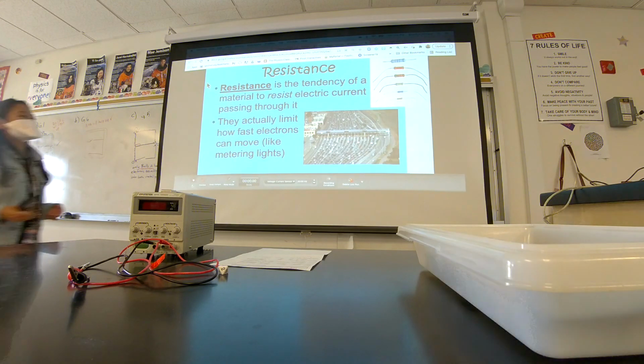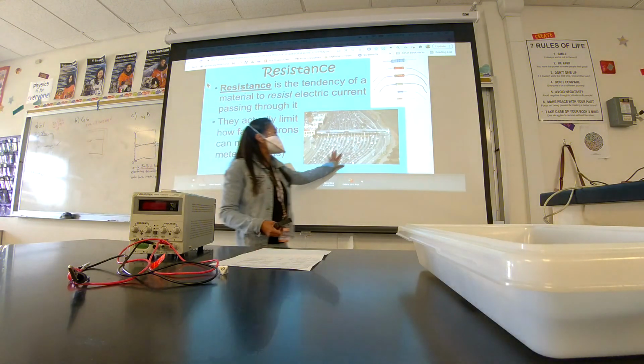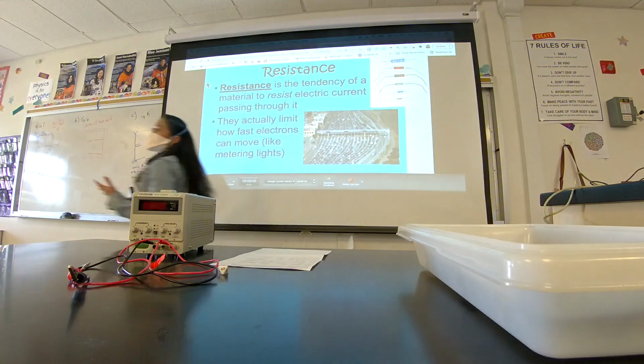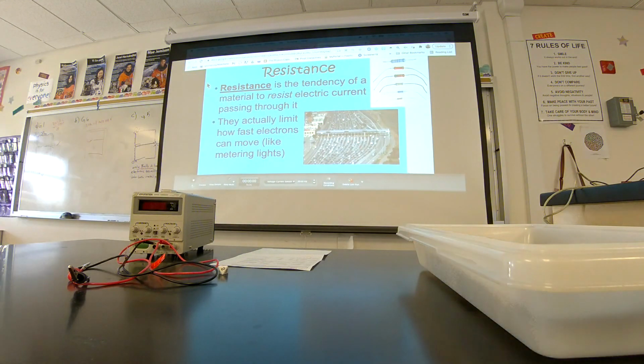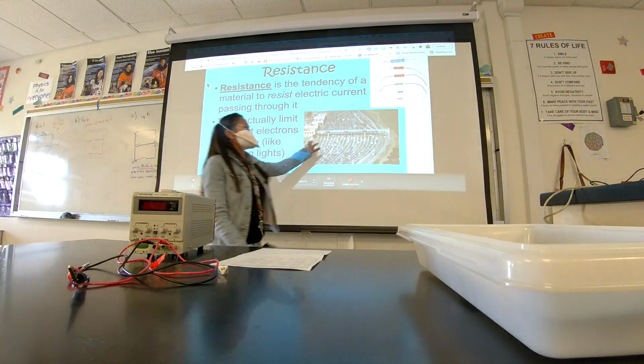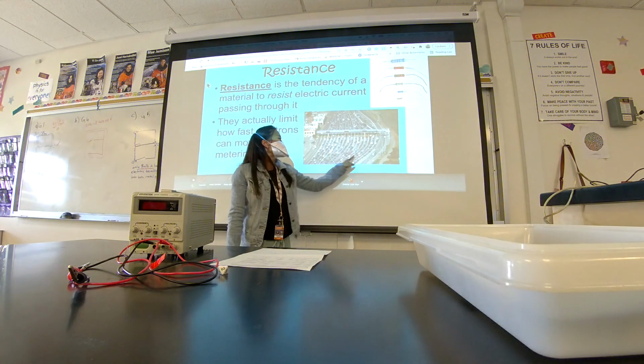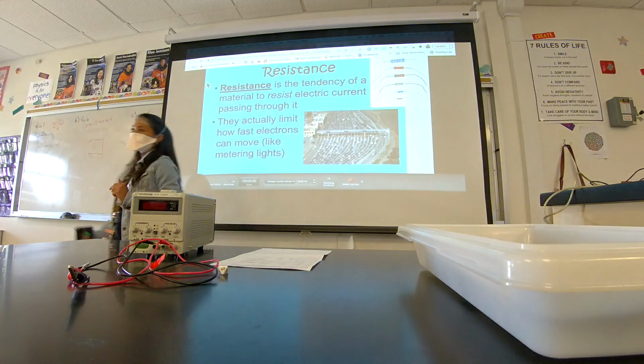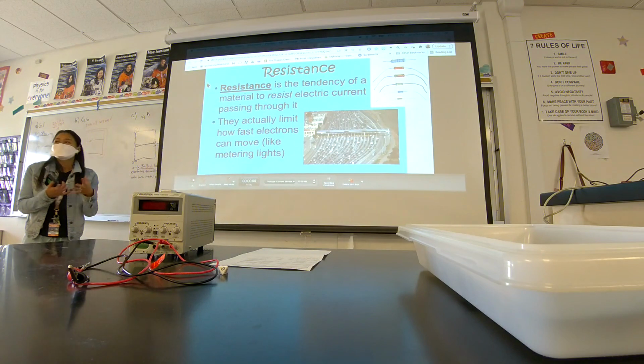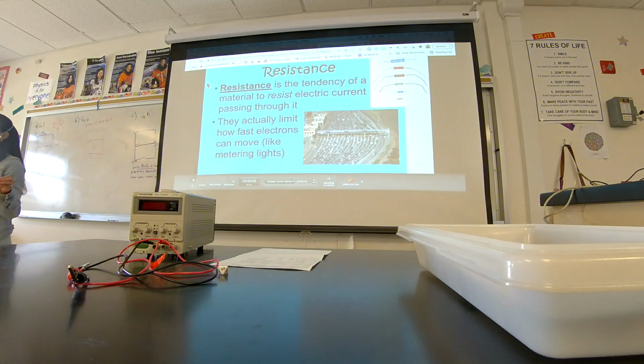A good analogy that I like to use is traffic. When you're driving through the highway, you can go at a pretty high rate, a pretty fast current if you're an electron, but then when you hit a toll booth, you hit some resistance. The resistor is like your toll booth. These cars are like your electrons. They want to flow at a high rate, but something is slowing it down.